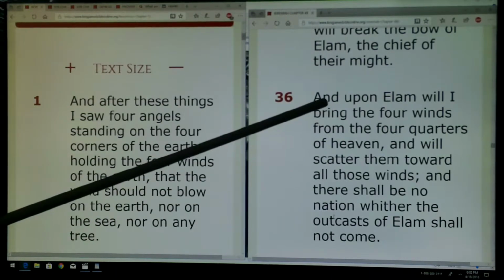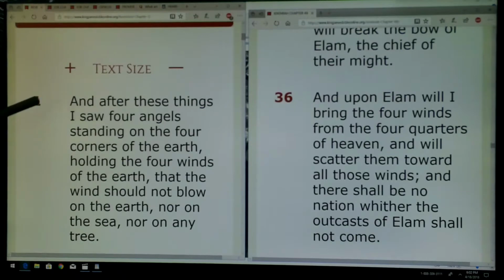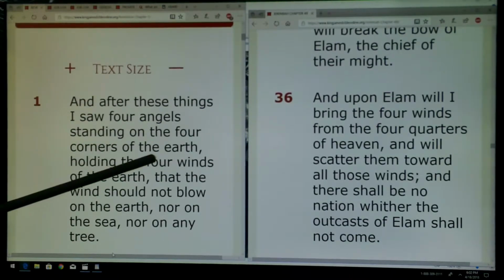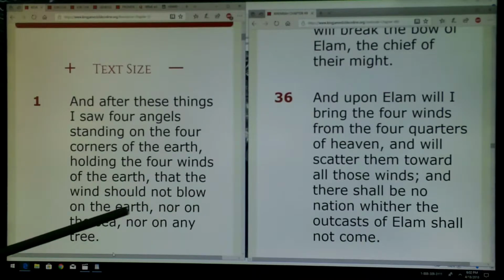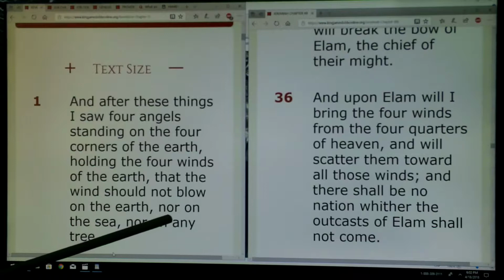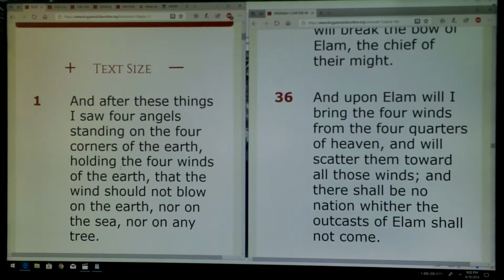So over here it says, after these things I saw 4 angels standing on the 4 corners of the earth, holding the 4 winds of the earth, that the wind should not blow on the earth, nor on the sea, nor on any tree.